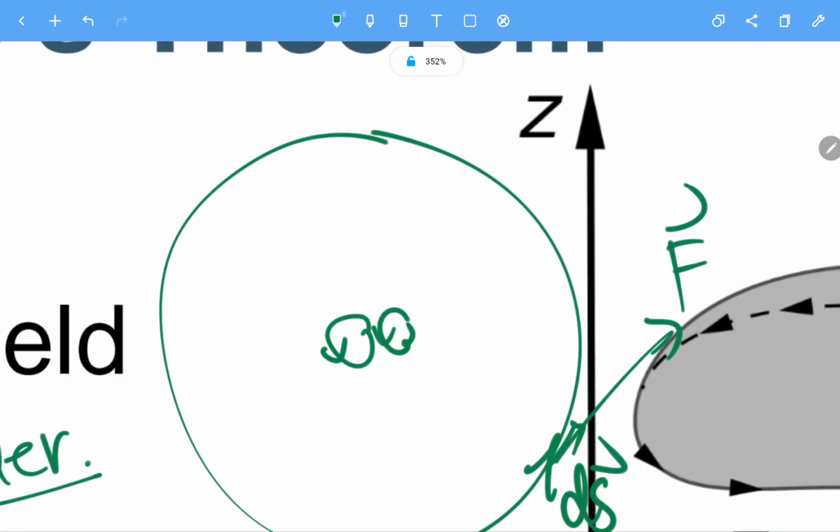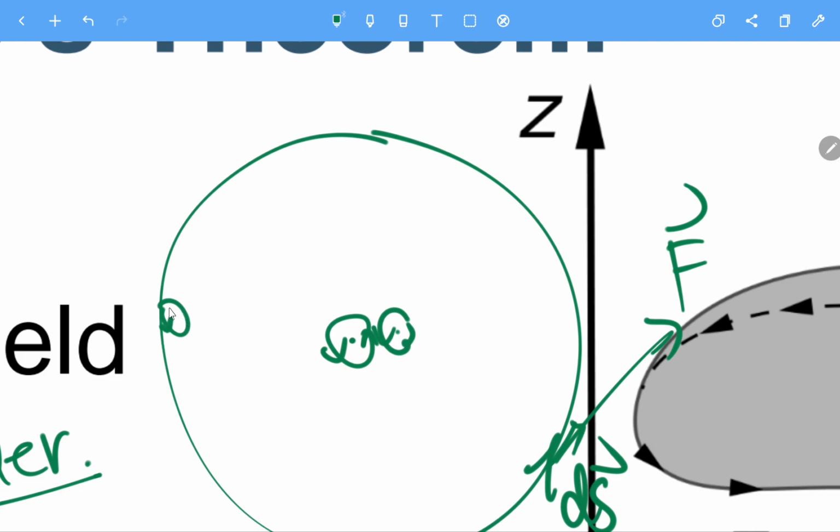For the adjacent nodes, they should be continuous. So for this point, you integrate like this; for this point, you integrate like this. So for the adjacent loops, they will just cancel each other.